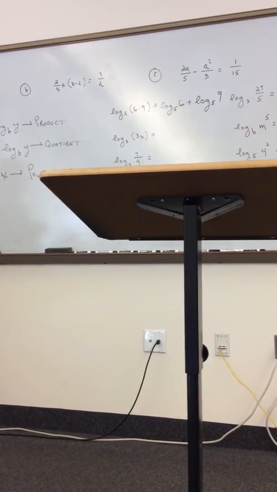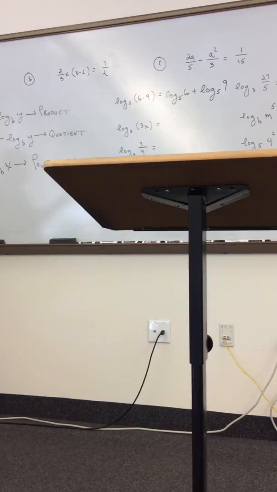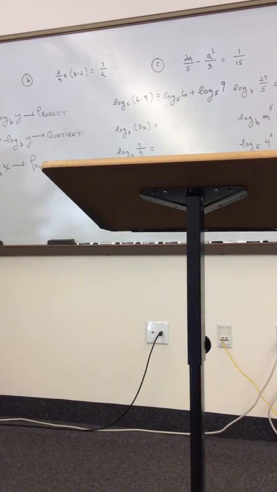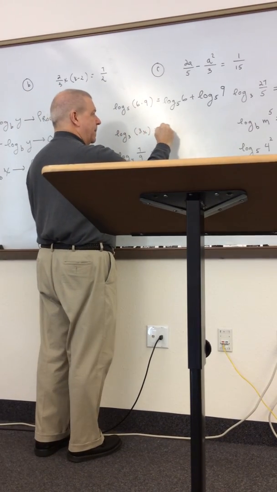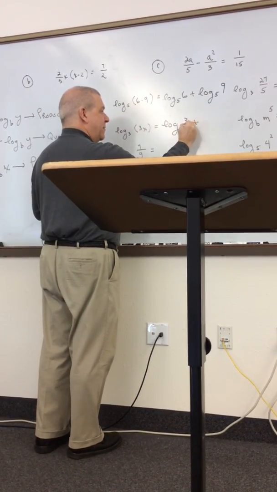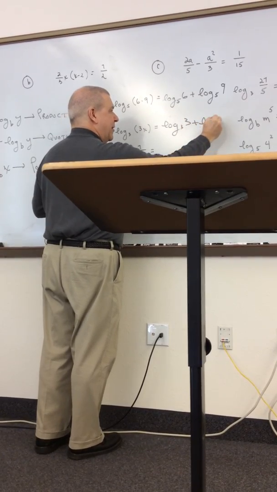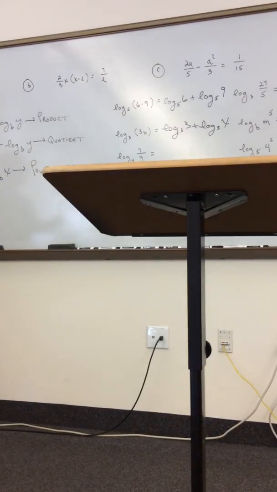Oh man, come on. These are easy. Just do the same thing I just did. 3x is the product. It's 3 times x. Log of 3 to the base 3 plus the log of x to the base 3. Now, come on, I need to see if you're paying attention here. That ain't done yet.